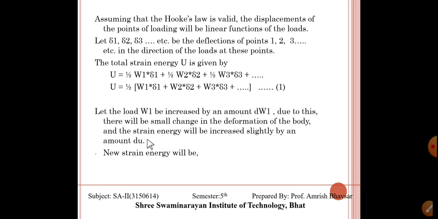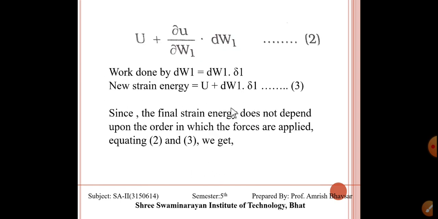Now, the strain energy will be increased by an amount dU, right? If displacement increases, then energy also increases. Now the strain energy will be U plus del U upon del W1 into dW1. Now the total work done is dW1 into delta 1.